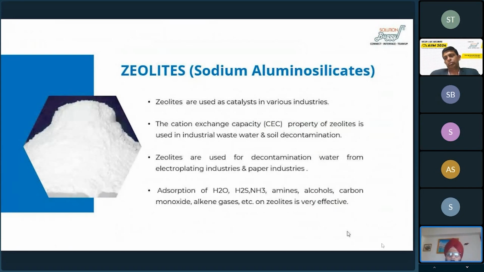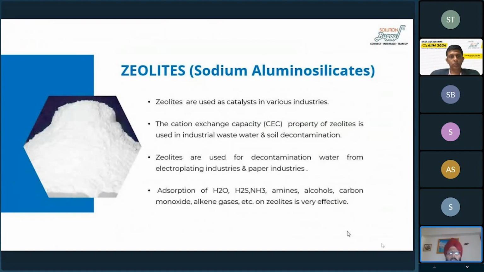And zeolites are used for the water from electroplating. A lot of effluent is received from electroplating industries and paper industries, which is polluting also. So zeolites can be used for decontamination of this water, because electroplating effluent contains ions, either copper or other ions.